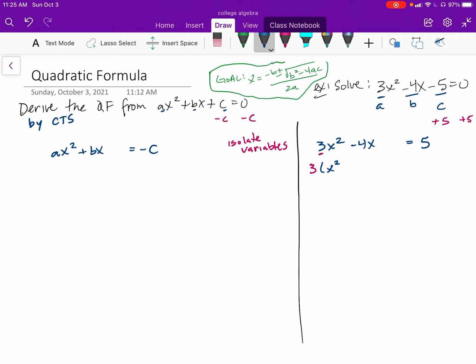Well, the b term gets a little weird here, but if I had a -4, the easiest way to do that, if I factored out a 3, is to divide by 3, right? So why is that? Well, double check by distributing. This would be 3x squared. We're good there. -4 over 3 multiplied by 3 is -4. And then, of course, we have the variable x. So we're good there.